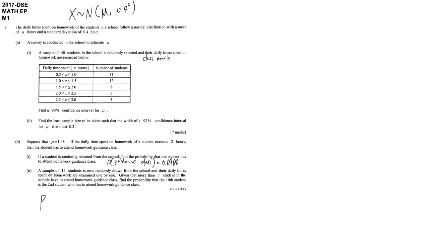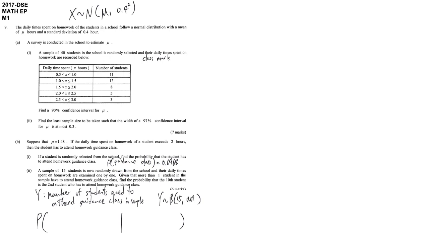This question asks for a conditional probability, given that more than one student has to attend the guidance class. So, in mathematical expression, I better let a random variable stand for the number of students who need to attend the homework guidance class. We let Y be that random variable, and then we know that Y follows a binomial distribution. We repeat the same thing 15 times, and the success rate, that means the guidance class probability, is 0.0968 here.